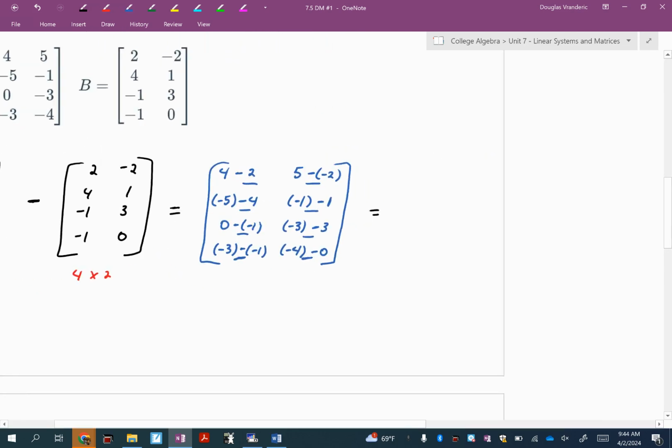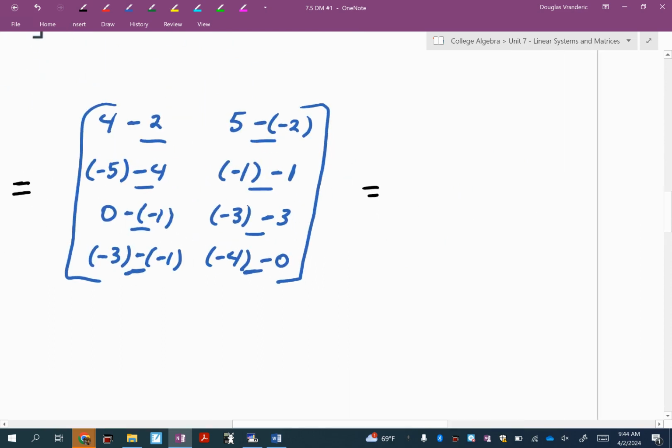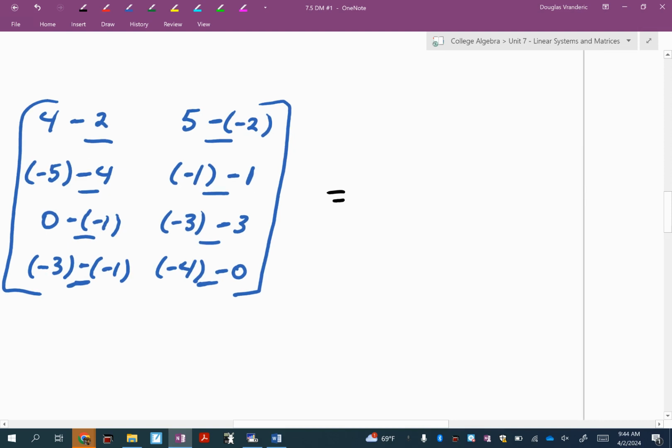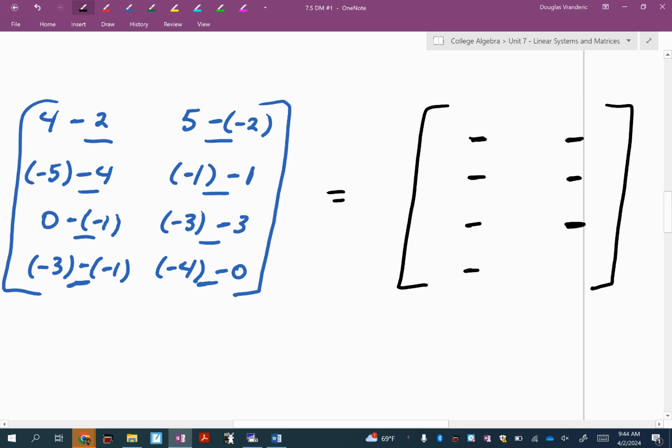All right, so now I'm going to zoom in on my work matrix to draw my answer matrix. You don't have to put these little spaces. I just put them so that I know I should have a number in each of these, but it's up to you. Okay, we ready? What is 4 minus 2? 2.